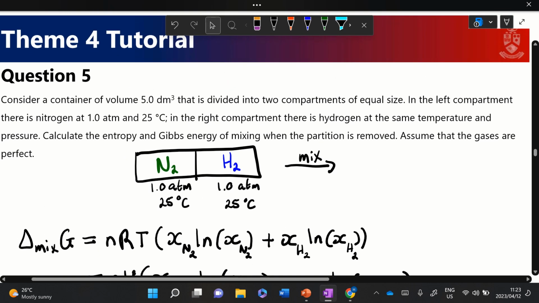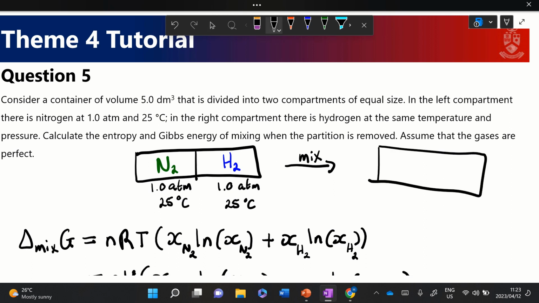So we have half of the perfect gas. So if we just ignore the fact, we just look at this as a perfect gas, unidentified nitrogen and hydrogen gas, and there's the same number of gas molecules. There's 4 of them on the left hand side, there's 4 of them on the right hand side.